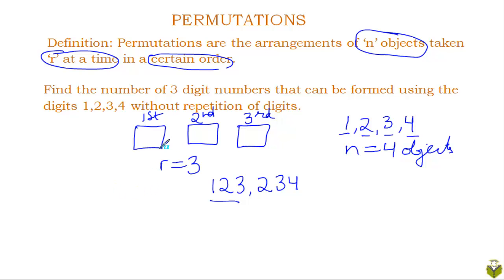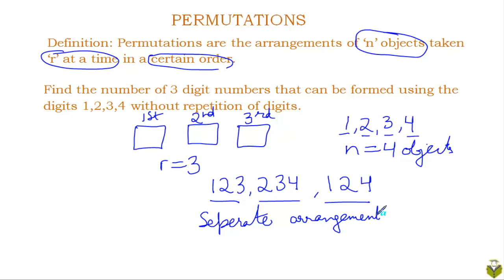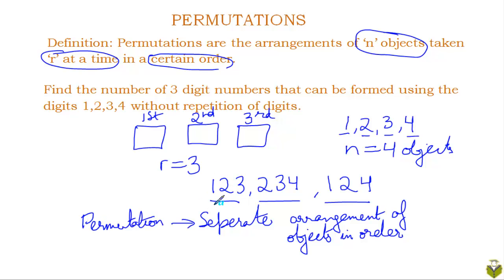And each number you will form, like all the arrangements which I am writing down here, is a separate arrangement of objects in order. That is the same as a permutation. So each of these is a permutation: 1, 2, 3, 2, 3, 4, 1, 2, 4, and so on.